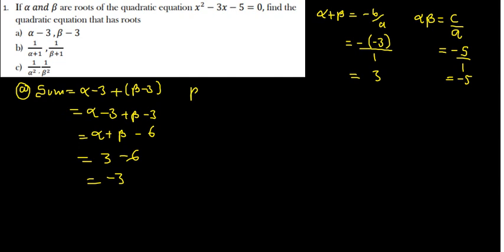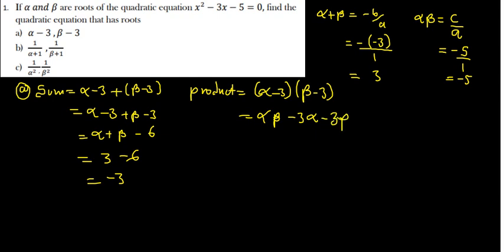Another thing we need to find is the product. The product is alpha minus 3 times beta minus 3, the same two roots we've been given. Here we do cross multiplication: alpha times beta, alpha times negative 3 that is negative 3 alpha, negative 3 times beta that is negative 3 beta, and negative 3 times negative 3 that is positive 9. This gives us alpha beta, and let me factorize out a negative 3 on these two.